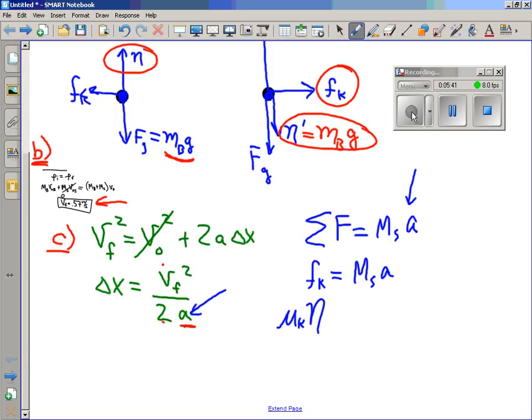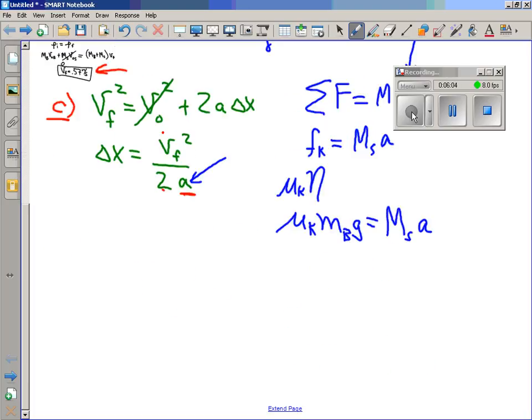So in both cases, they're equal in magnitude to the mass of the block times the acceleration due to gravity. So I'm going to rewrite this as mu sub k, and the normal force, again, mass of the block times g, and all of this equals the mass of the slab times the acceleration of the slab.